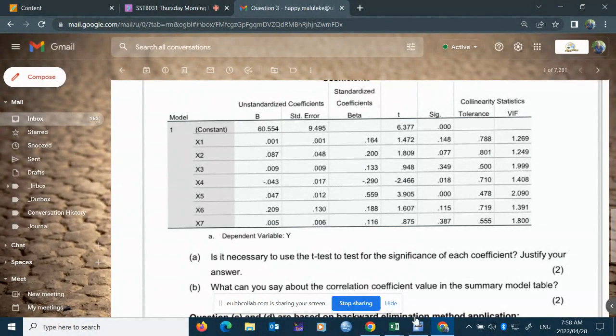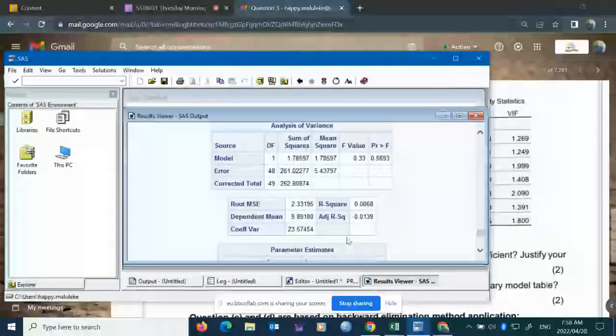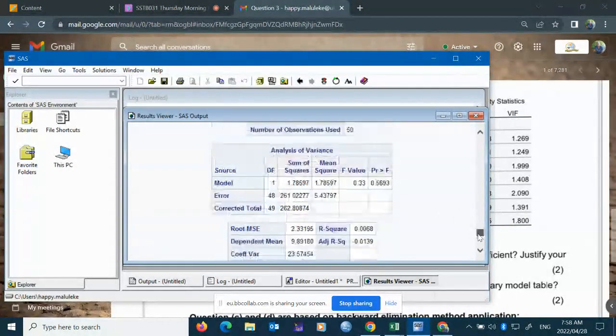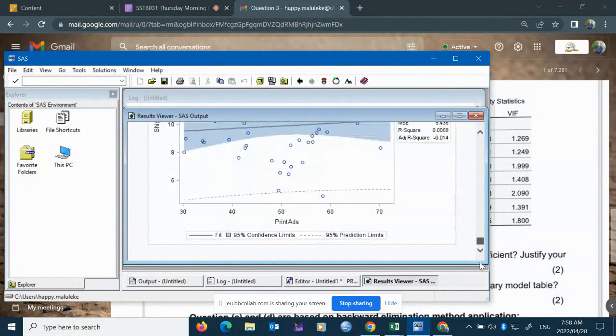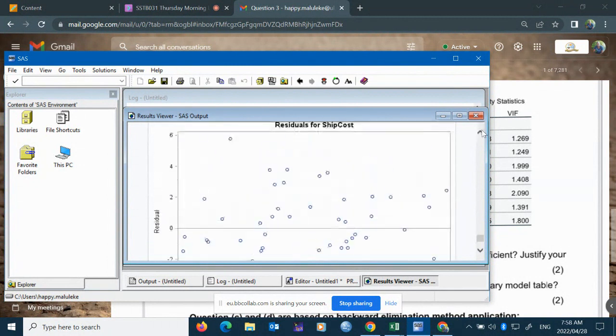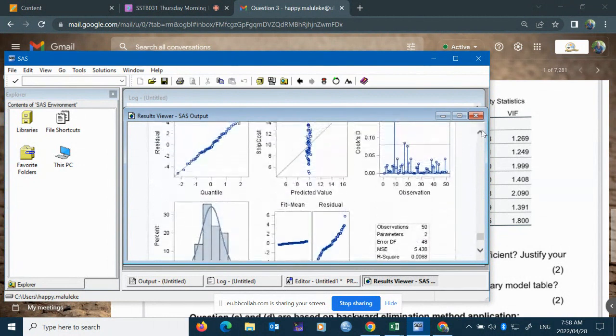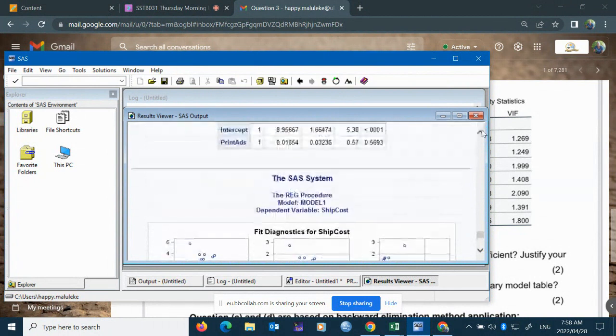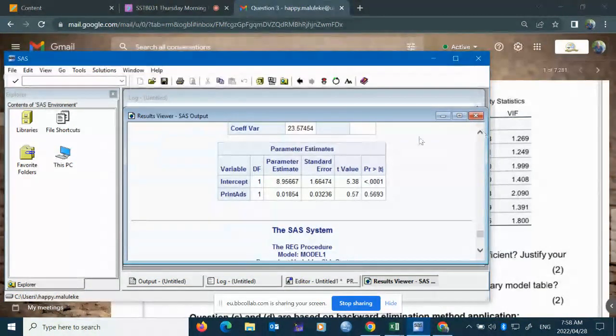But when we move to SAS, let me show you the SAS output. Can you see it? You remember that one that I showed you? It says B, isn't it? But when you use SAS, it says what?